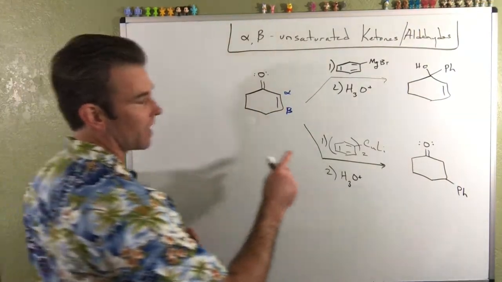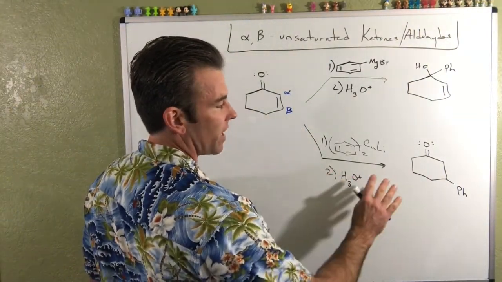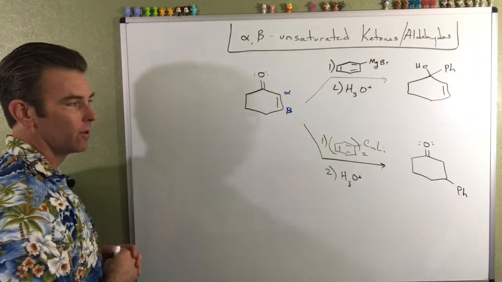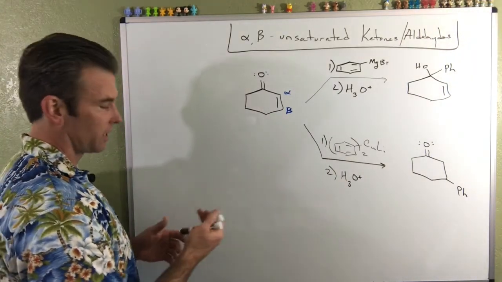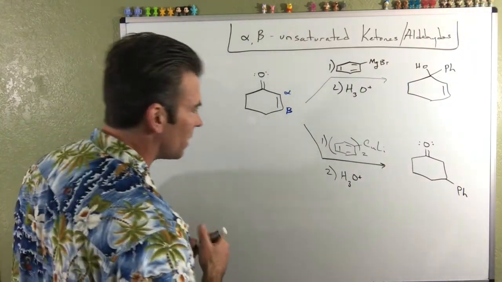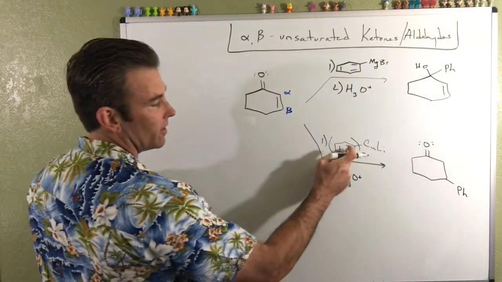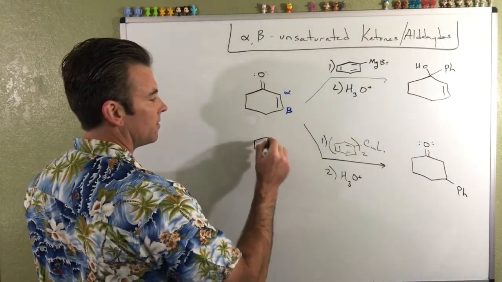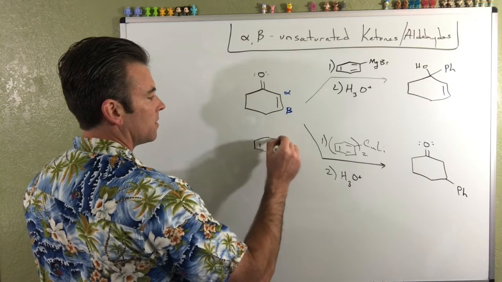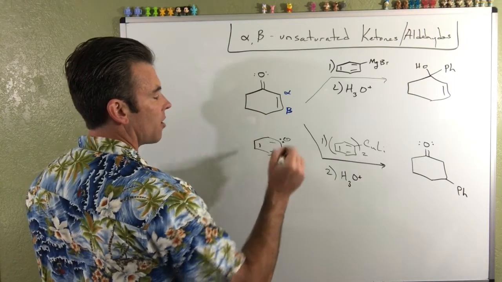I just wanted to go through a little bit of this mechanism, pretty simple, so that we can see where this thing actually came from. So let's write down this guy as the carbanion form.